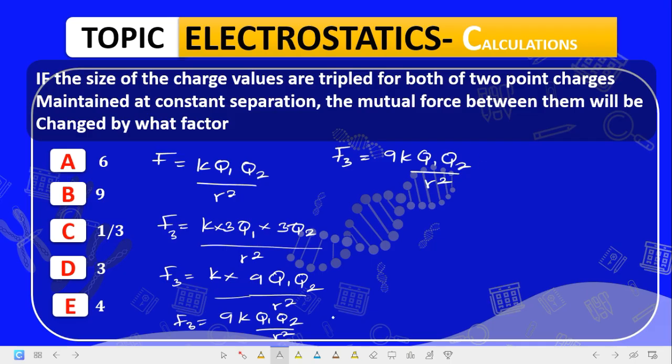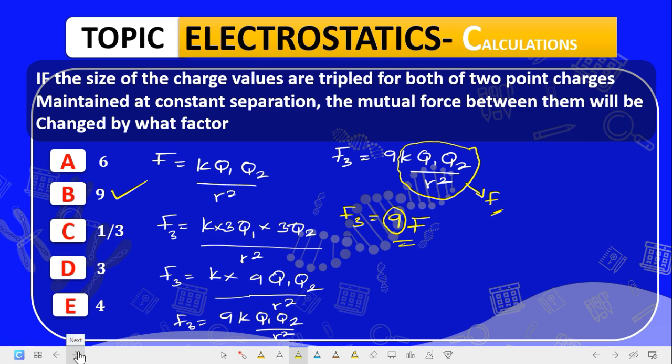But we know that K Q1 Q2 all over R square is equal to F. So in place of K Q1 Q2 all over R square, we can put F, and F3 is 9F. So the force between them will be changed by a factor of 9, and that is the answer to that question.